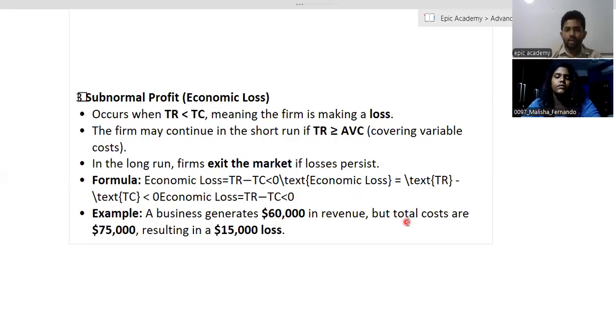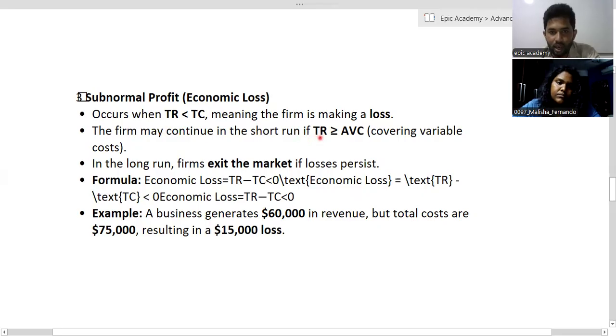The firm may continue in the short run if, look at that one, TR is similar to or greater than the average variable cost. That means your total revenue is enough to cover the variable cost. Then you can continue.